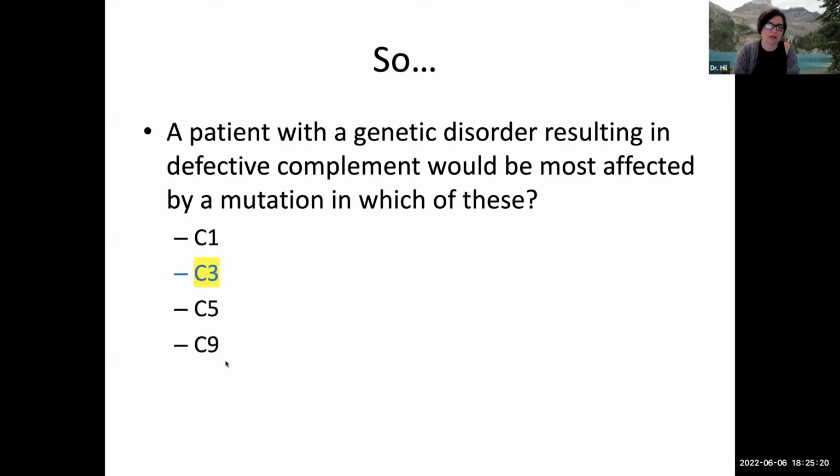Let's look at some of these other ones and what they would do. So if the problem was with C1, would you have a complete disruption of complement activation? And if not, what would be disrupted? What would happen if you lost C1?